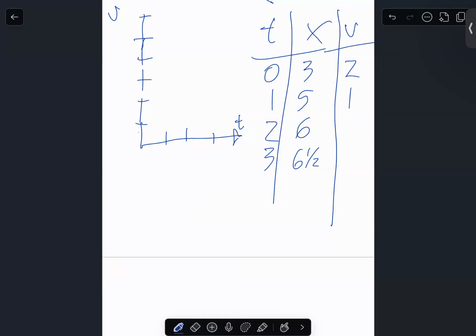Rise over run? 1. From 2 to 3, what's the downstairs of the fraction? 1. What's the upstairs of the fraction? And I don't know after time 3 seconds because I don't know how it's changing thereafter.